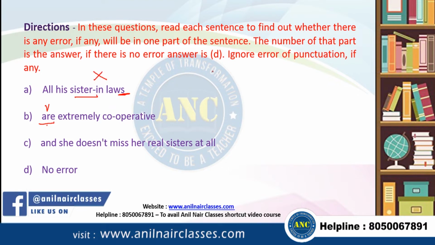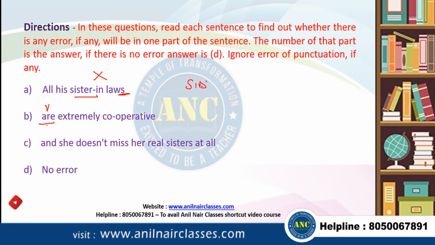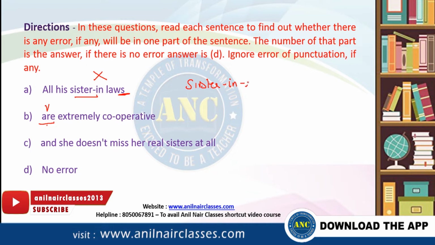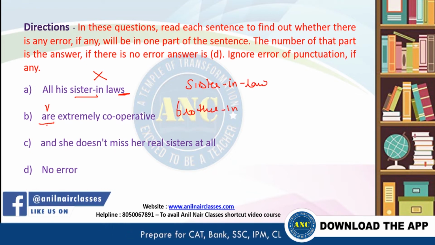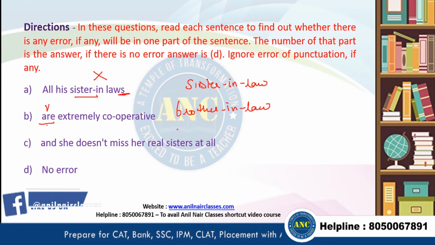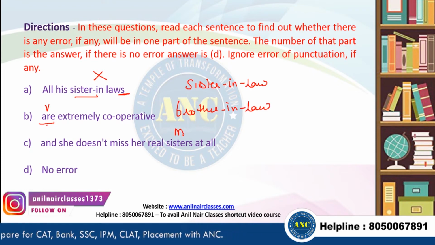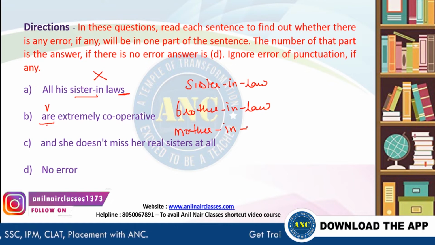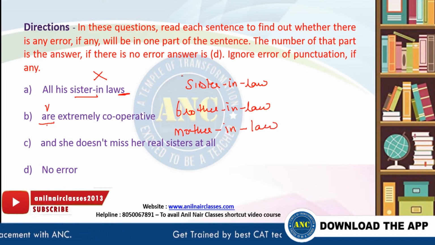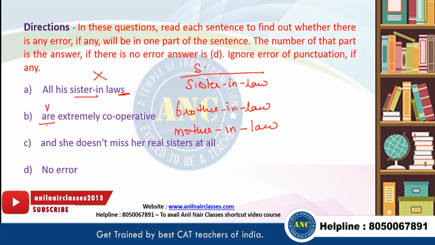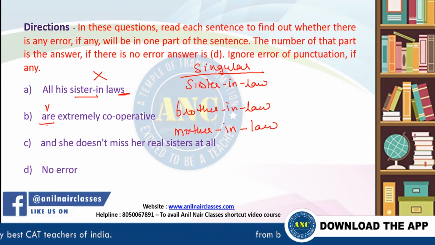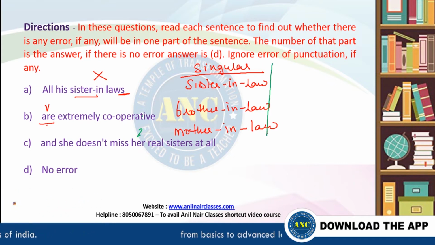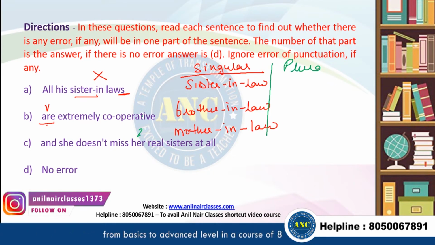We have discussed there is a rule that when you have hyphenated nouns, like sister-in-law, brother-in-law, or mother-in-law, these are all in their singular form. Now I want to make the plural form of it. This is the singular form. I'll write the plural form of it.